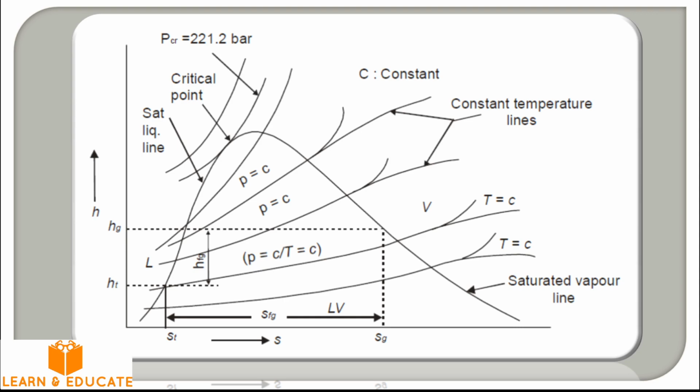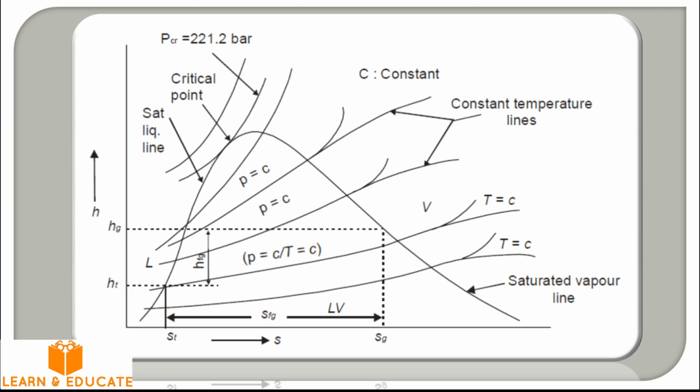You have to use some ruler and locate the exact point. So you should be very careful to avoid any errors while reading the values from the steam table.